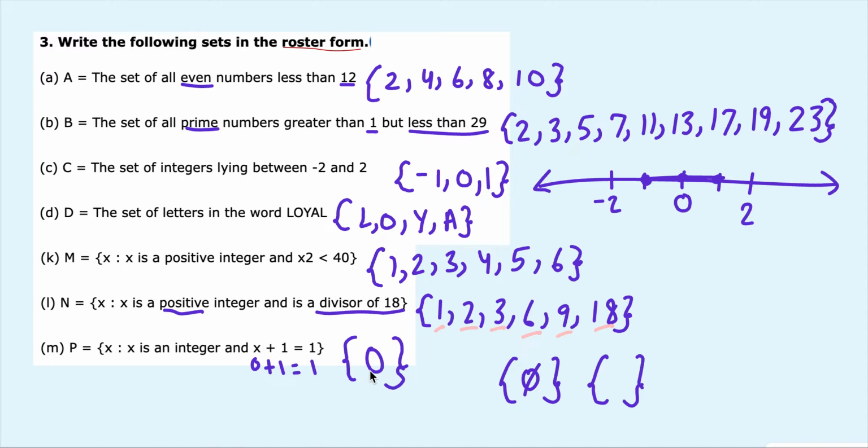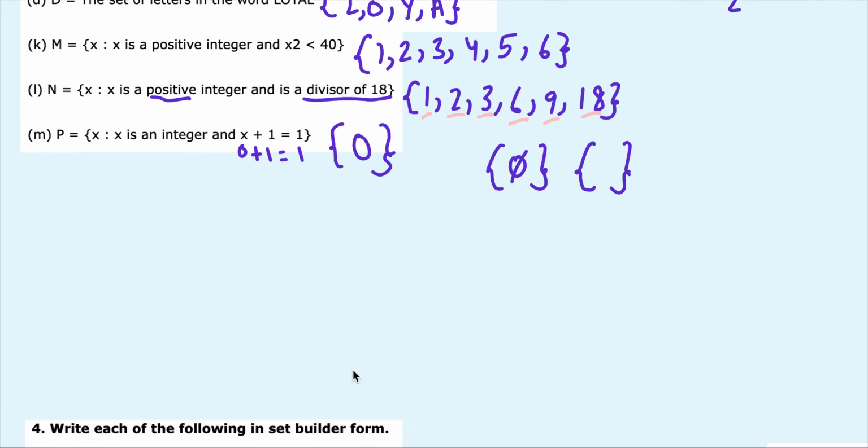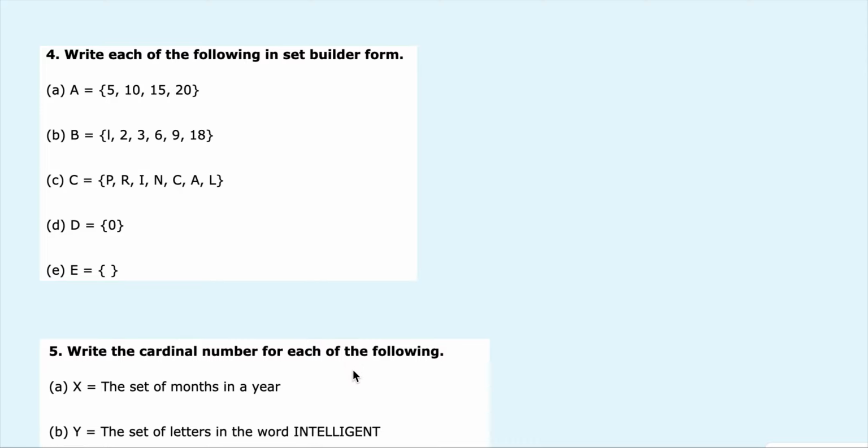But when it's a 0, there's an element in there. 0 is an integer, so you can't say this is a null set or an empty set, okay? Only these are. So therefore, make sure you pay close attention to that and don't mess it up.